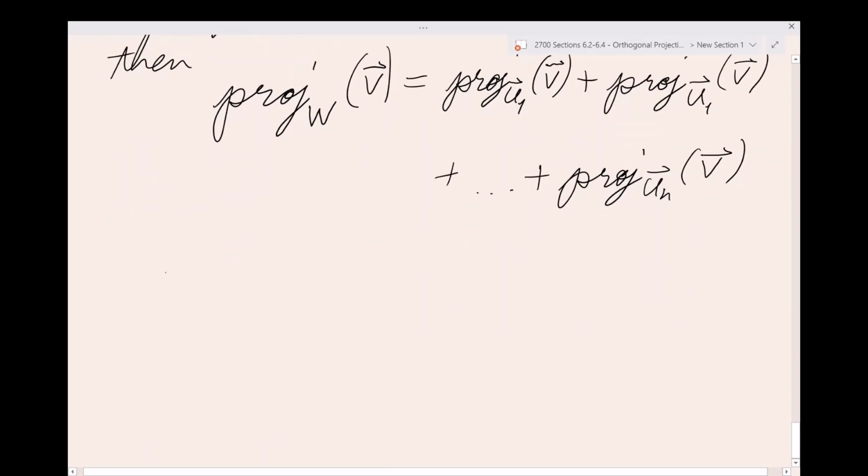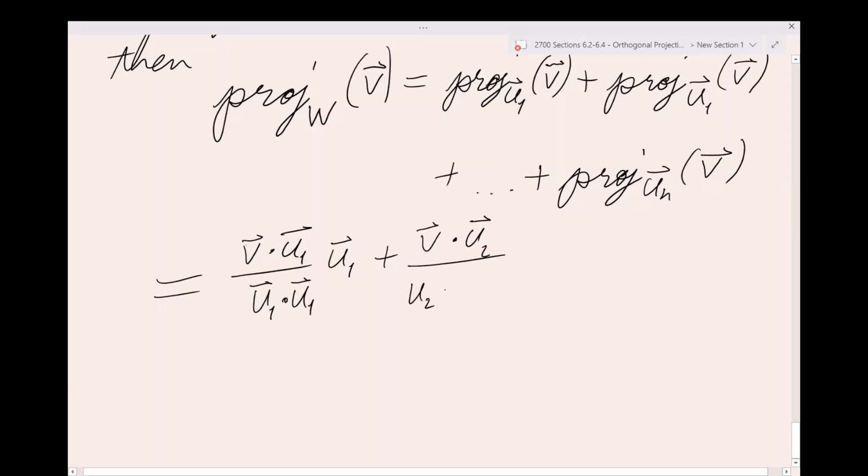And we have a nice formula for that. What is this? This is just v dot u1 over u1 dot u1, scale u1, plus v dot u2 over u2 dot u2, and then use that to scale u2, and keep going, right?